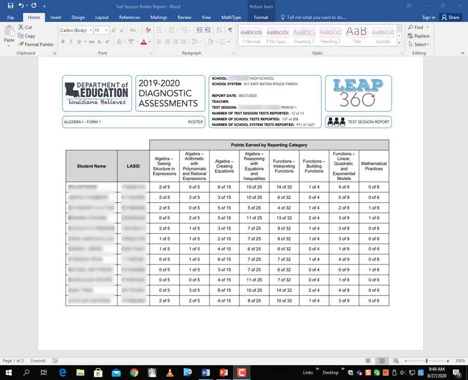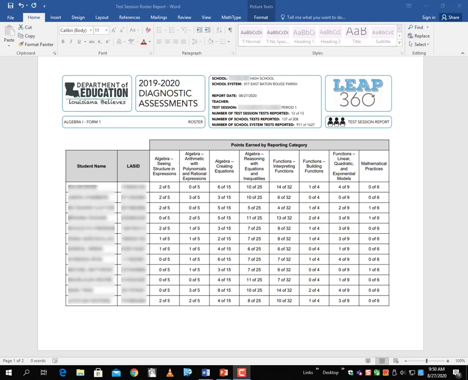Now, let me just say something about the math one. So the constructed response will be listed here for the diagnostic and the interims. It will be part of the mathematical practices. So there was apparently just probably one constructed response for Algebra 1, and it was worth 6 points.